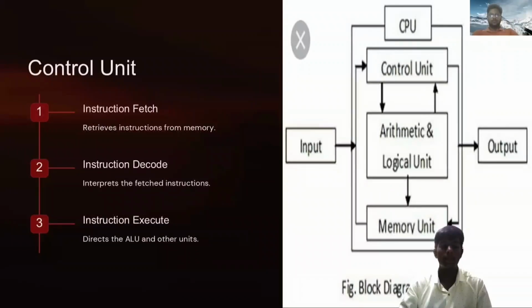Data coordination: it manages the data flow between the ALU, memory, and the input-output devices, ensuring that each part performs its task in the right order. Without the control unit, the computer would be unable to execute instructions in sequence, making it a crucial component for orderly and reliable operation.